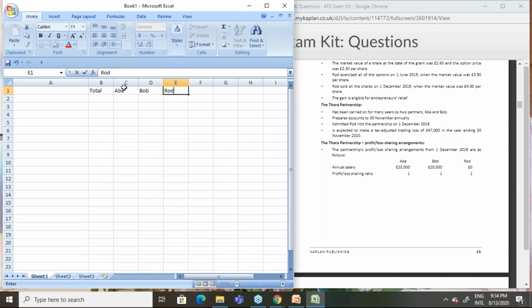He joined on the 1st of December 2019. So they have given the loss for the year ended 30th November 2020.